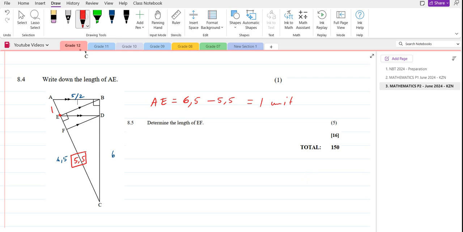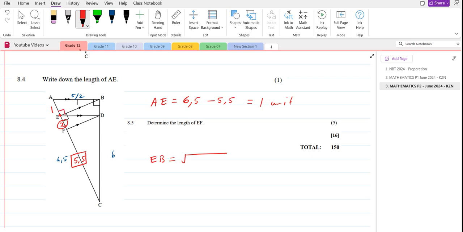Should we make this X? We can find EB. So we can find EB using Pythagoras, because remember that angle is 90.